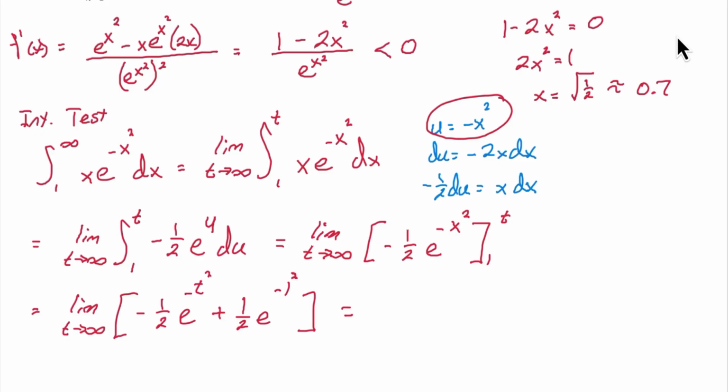And now, evaluating the limit, t is getting really big. Squared, that means this piece is going to 0. And over here we just have a constant that is 1 divided by 2e. So our integral converges.